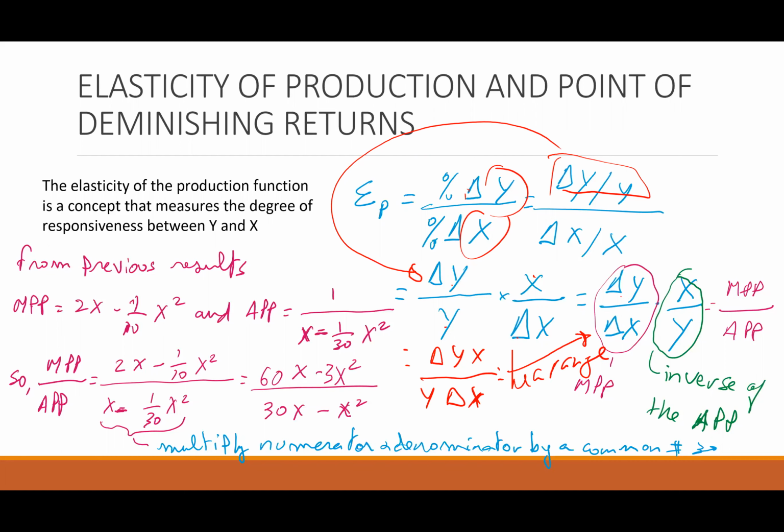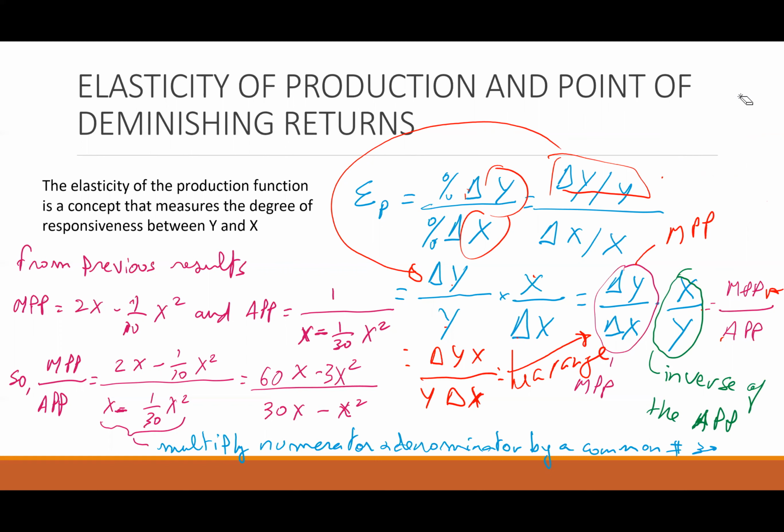We separate the two, and we can see that this is the marginal physical product, and this is the inverse of the average physical product, because average physical product equals y divided by x, so the inverse is x divided by y. That is 1 divided by the average physical product. This is not really clean.